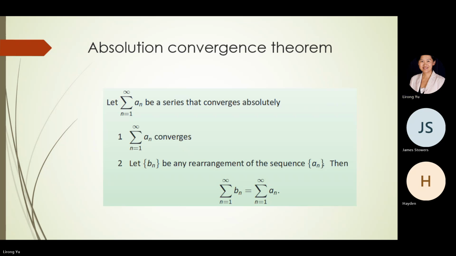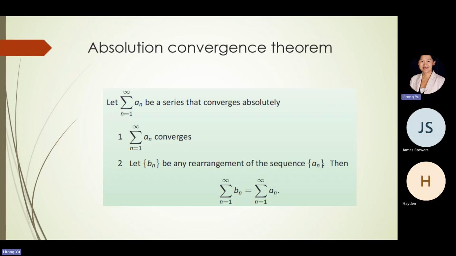One of the things we should know is that if it converges conditionally, when you rearrange terms, it might still converge conditionally, but the summation might be different. That's the difference between absolute convergence and conditional convergence. Rearranging the terms creates a new sequence, and the series will also be a new series, but as long as you have absolute convergence, the summation will stay the same.